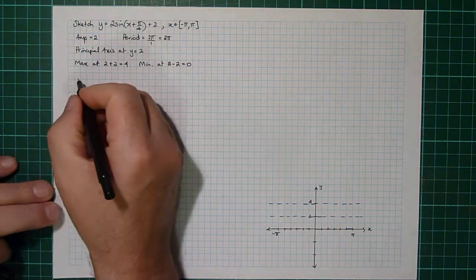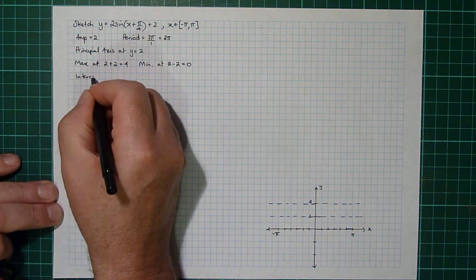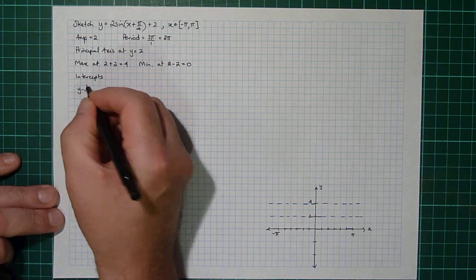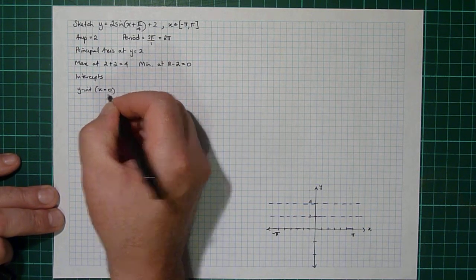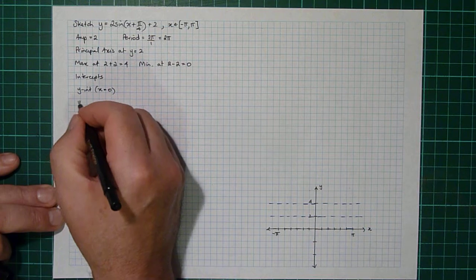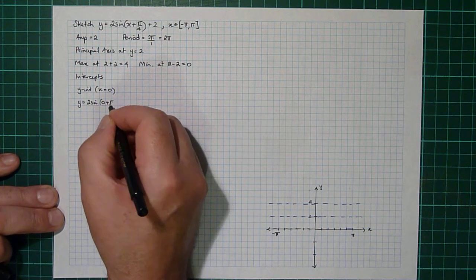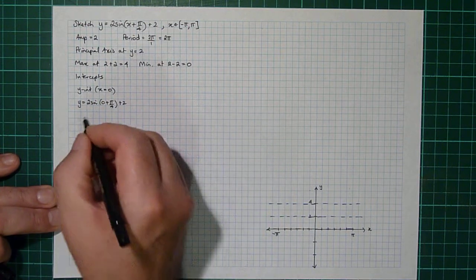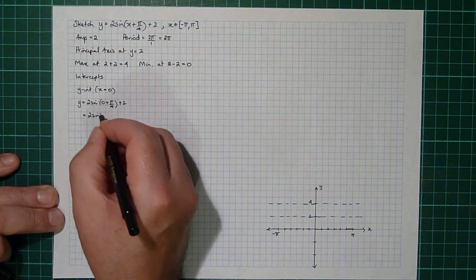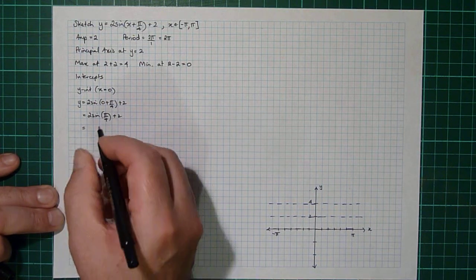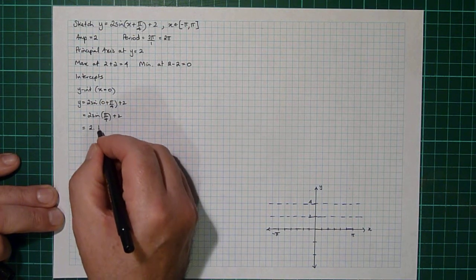The next thing we can work out is our intercepts, and the easiest one is our y-intercept. The y-intercept occurs when x equals 0, so that's when y equals 2 sine(0 + π/4) + 2, and that will give us π/4, and we know that sine π/4 is 1 on root 2.